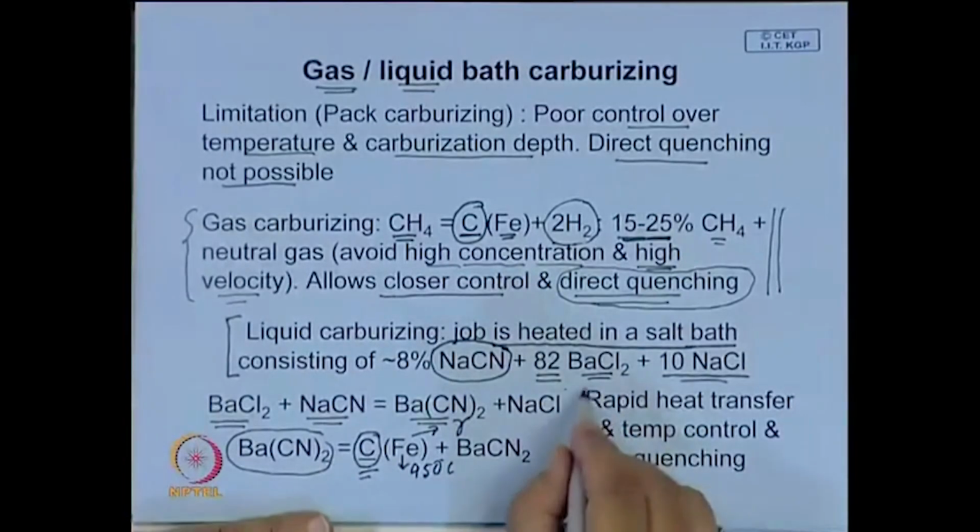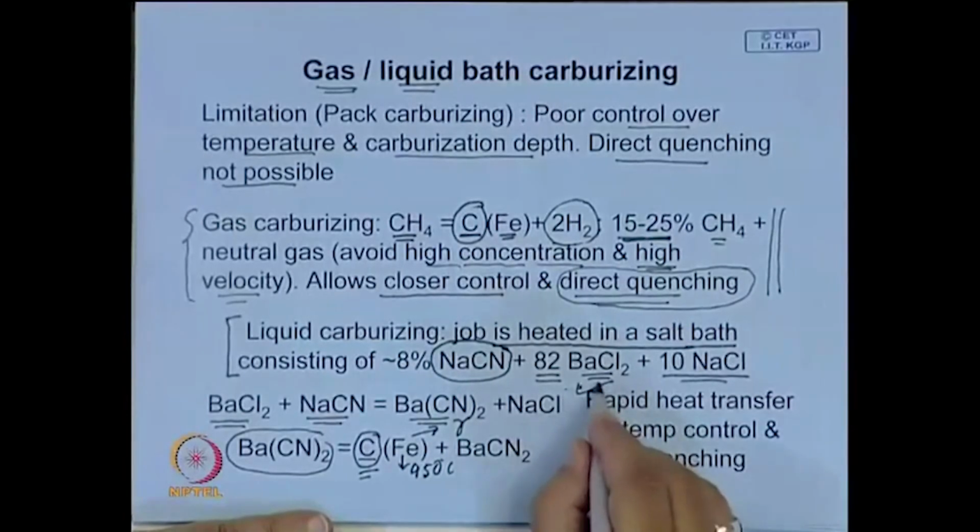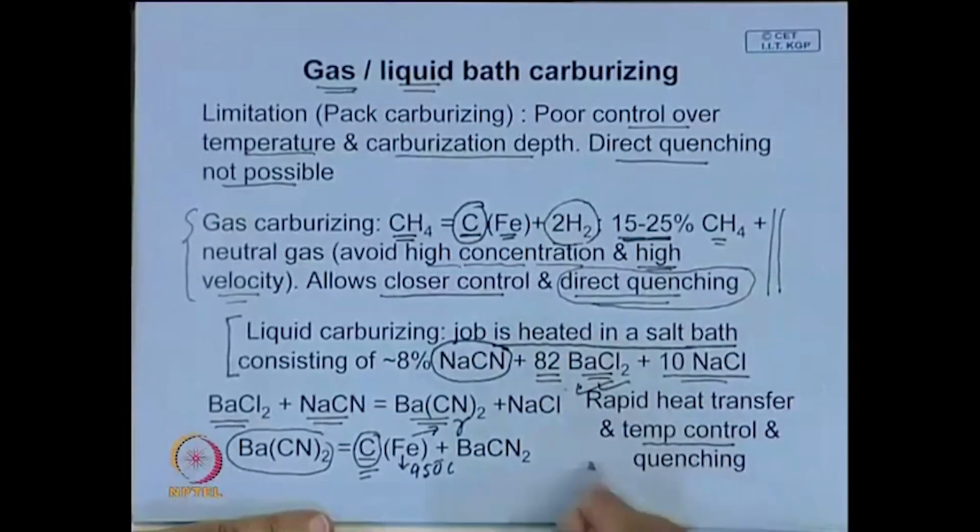Obviously, you are dipping the job in a liquid bath which is already heated. So, there is rapid heat transfer, the process is quite fast, you have better control on temperature, and after a certain hold time you can take out the job and quench in an appropriate quenching medium.